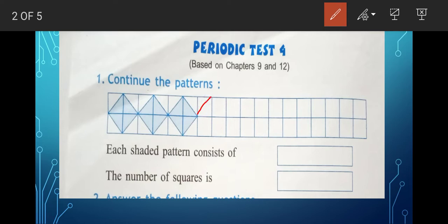Extend like this, then again you have to extend the down part like this. And again extend it this way. So the next pattern is this one. In the same way again you will extend it this way, and again from here to down, and from here to here. Now again join these two parts.